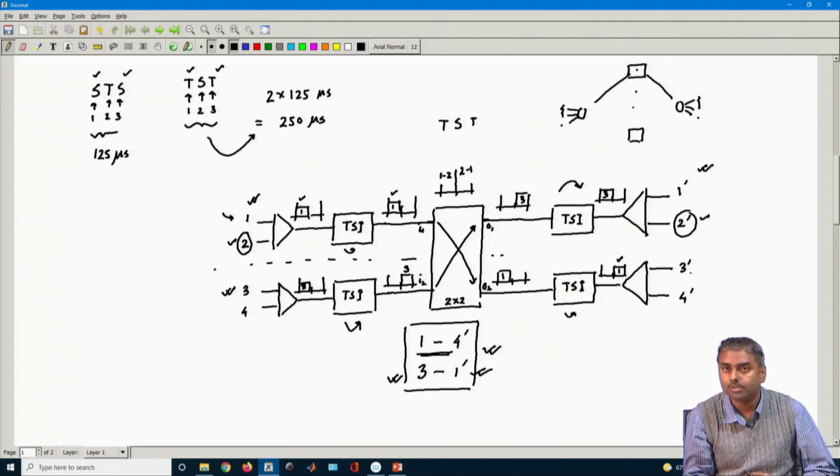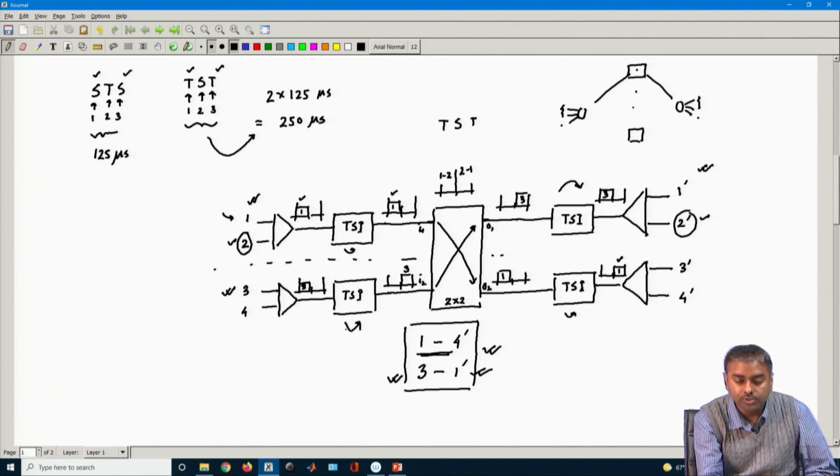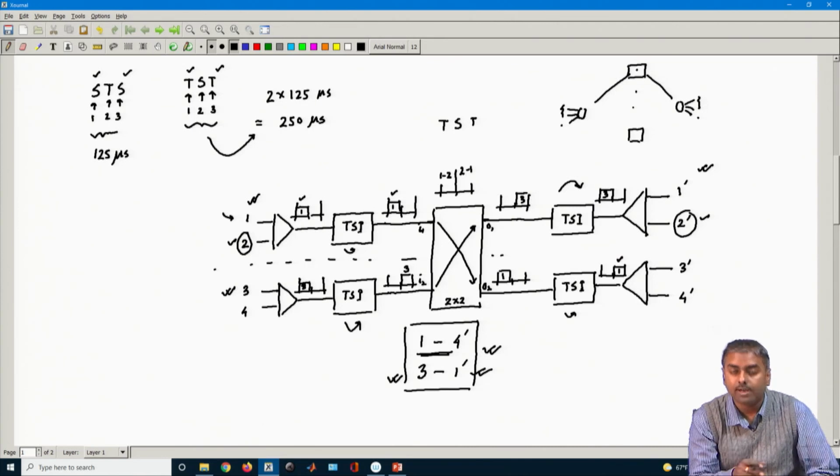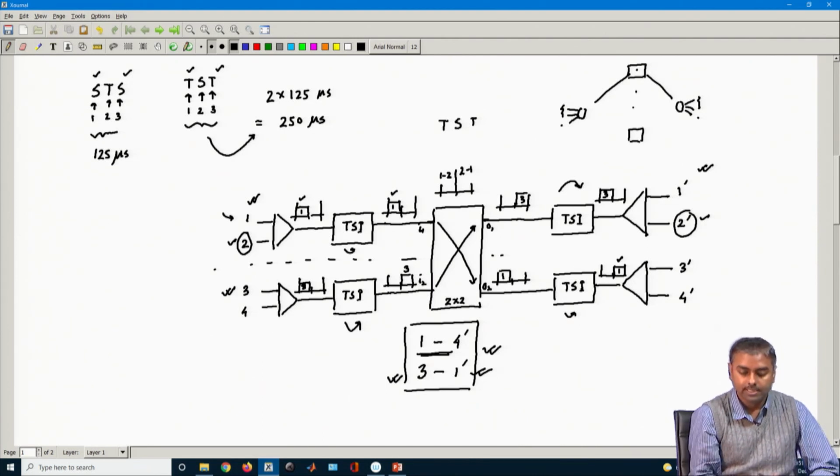That should be the motto of switching. So, I choose to swap it and put it in the second slot. In the second slot, I give a cross connectivity, so it goes here, and then I do a further time swapping. The third one comes into the first slot and goes out from 1 dash. This is what we have already configured.